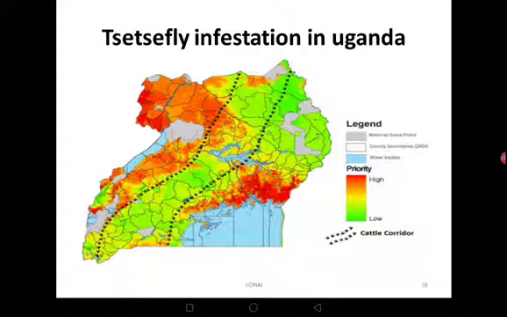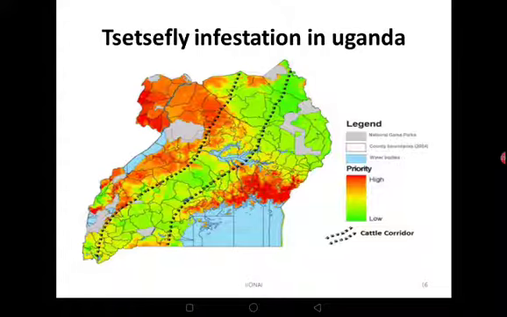Mayuge, I can see Namayingo and other areas, Busia, up to that side of Kenya, and then other parts of the central part as well, and then the West Albertine area and up to West Nile are also very much prone to tsetse flies. I think simply because of the forested area around those places and then the water there.